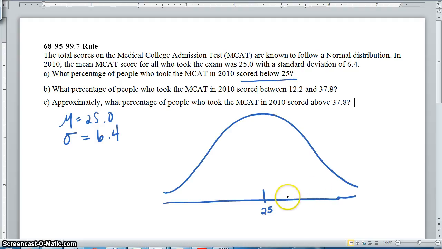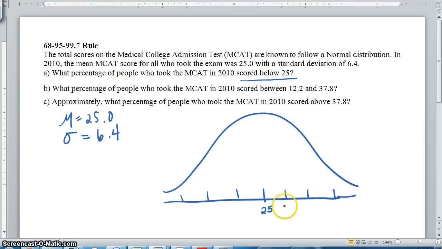And then from here we want to calculate 1 standard deviation, 2, 3 standard deviations up from the mean, 1 down, 2 down, and 3 down from the mean. This is important because it gives us a nice idea of what our distribution looks like, and it'll allow us to easily answer questions from here on out using the 68, 95, 99.7 rule.